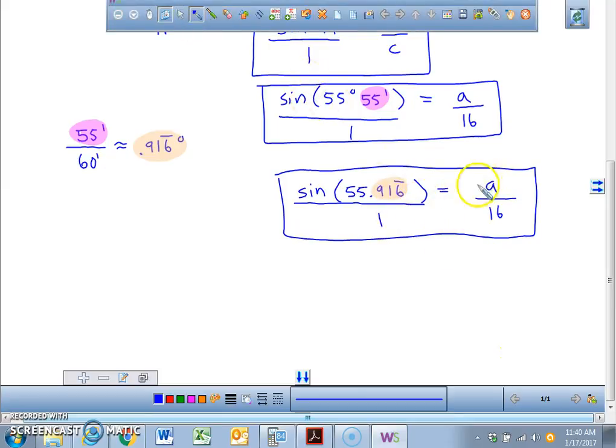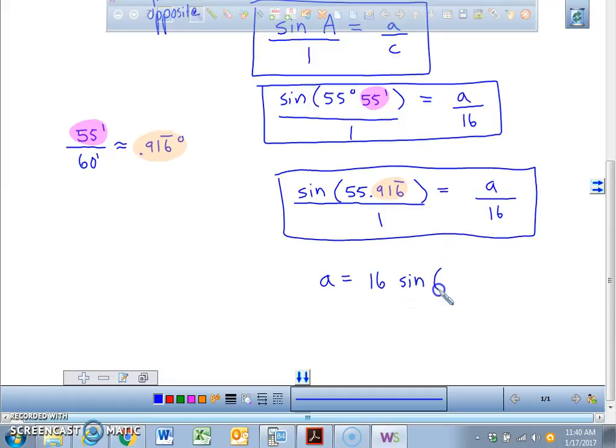When you guys cross multiply, a times 1 is simply a. 16 times the sine of 55.916, well, that's why I need my calculator. Here's what I want you to write down. 16 sine, open parentheses, 55.916 repeating, and that will give us an approximate value.